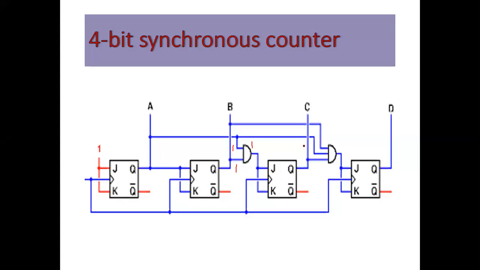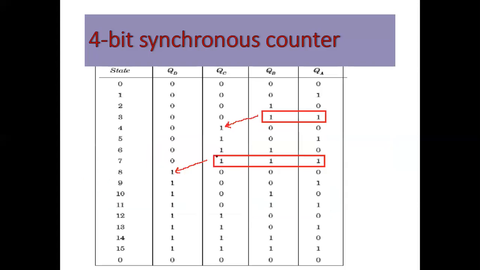Here QC, QB and then QA, all these are connected to the AND gate. If all the 3 inputs are 1, the output will be 1. So when you have 1 1 1, the state of 7, the inputs of all the flip-flops will be releasing the output of 1. Only in this state it will be releasing.